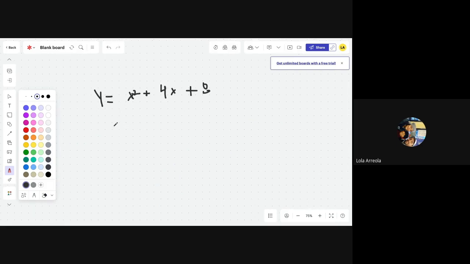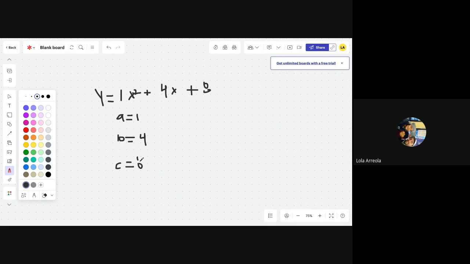Now, since I'm going to use the quadratic formula, I have to label each value. So a is 1. The number in front of x squared is 1. It's just not there, but there's a 1 there. That's the coefficient of x squared. The number in front of x is 4, so that's my b term. And then my c term is 8.